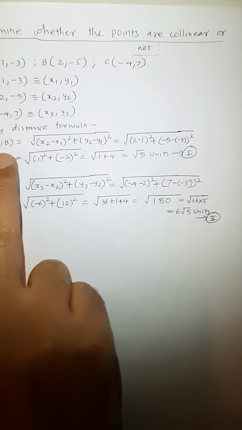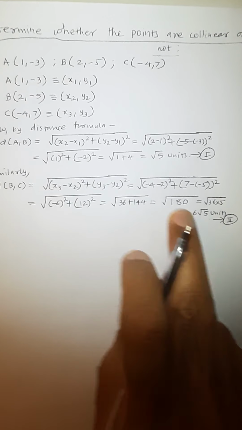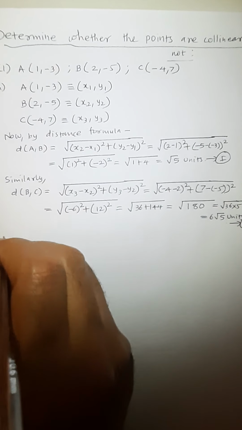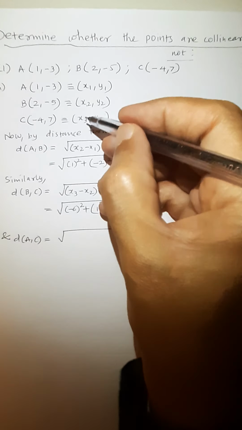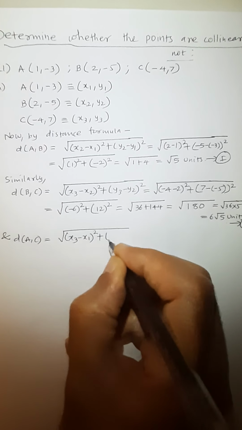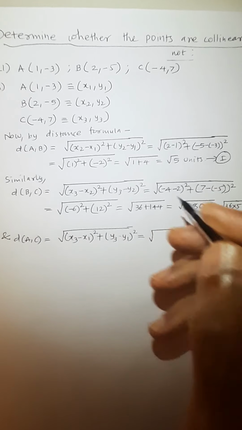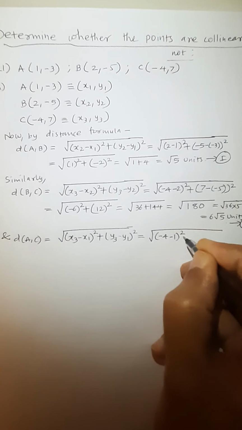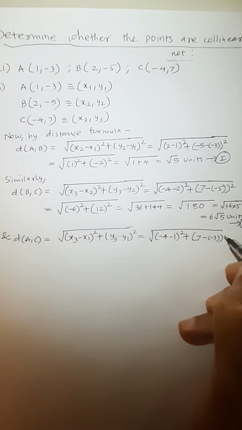Now the third distance left is distance AC. Distance AB we got root 5 units, distance BC we got 6 root 5 units. The third distance is between the first and third point, A and C. Distance AC is equal to under square root x3 minus x1 the whole square plus y3 minus y1 the whole square, which is minus 4 minus 1 the whole square plus 7 minus minus 3 the whole square.